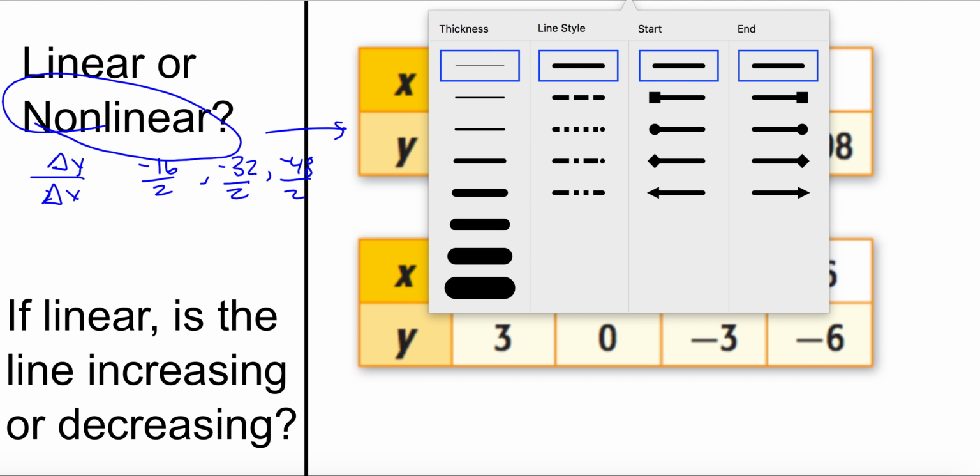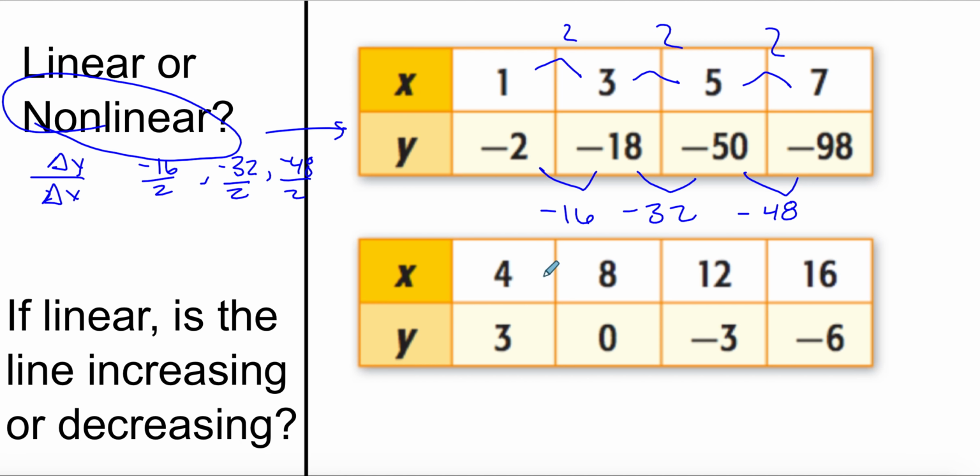All right, let's try the next one. Hopefully, again, you have your answers already. 8 and 4, the difference is 4. 12 and 8, the difference is 4. 16 and 12, the difference is 4. To go from here to here, I'm going 0 minus 3, so it's negative 3. To go from here to here, it's negative 3 minus 0, or negative 3.